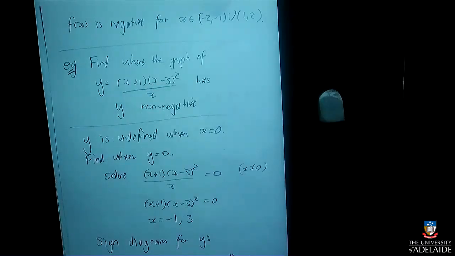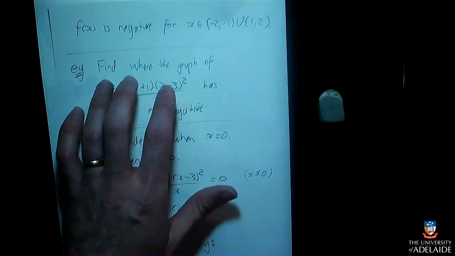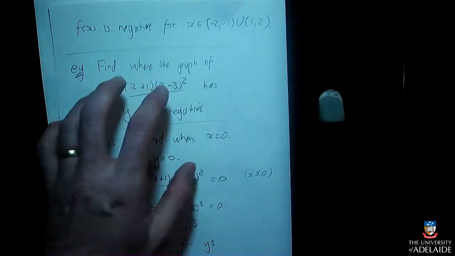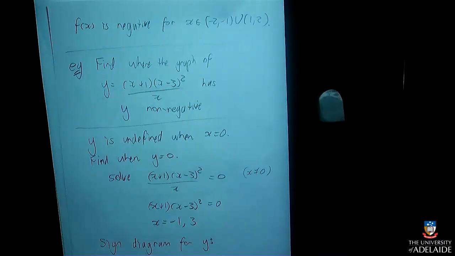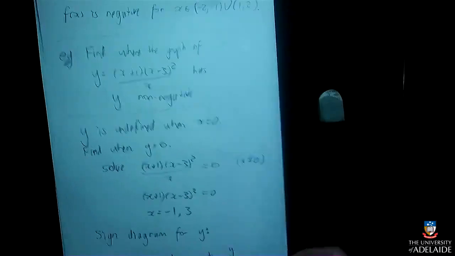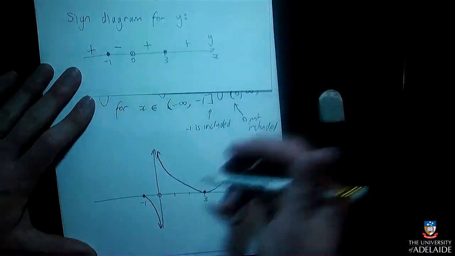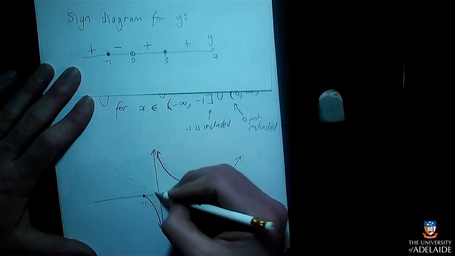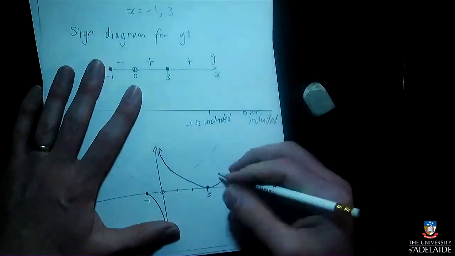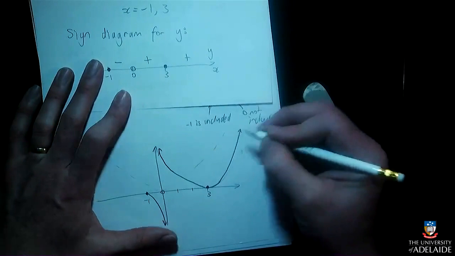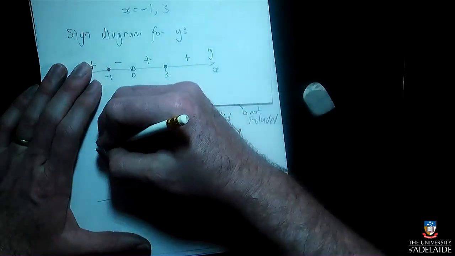If x was like a million and 1, who cares about the 1? So if x was really huge, this is nearly x, this is nearly x squared, and x times x squared is x cubed, and x cubed divided by x is x squared. So when x is very large, it's approximately equal to x squared. And so there's like an x squared here, and this will actually get closer and closer to the x squared. And so will this.